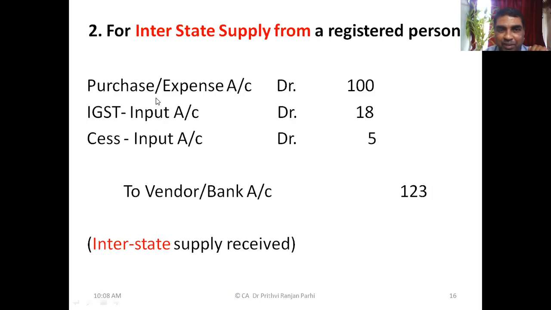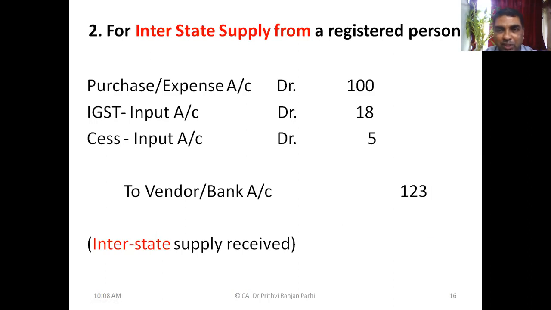Purchases account debit or expenses account debit for the base value. IGST input credit will be there, and cess input credit, if applicable. I'll be recognizing two assets: IGST input account debit and cess input account debit, 5 rupees, that is 5%, to vendor account or bank account, 123. This is for interstate supply.